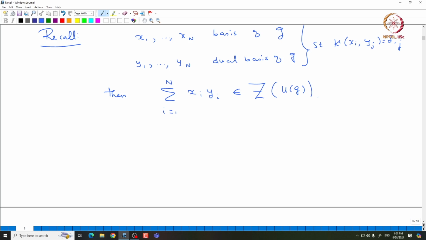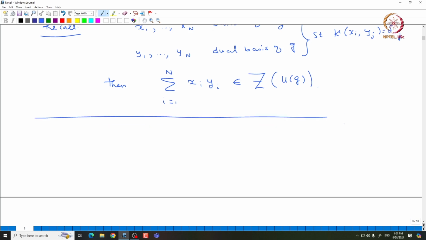Now we are going to specifically choose a basis that comes from the root vectors. Using that basis, we will find the dual basis and then define the Casimir element that we are interested in. So, let us recall. We have the following basis for G. G can be written as a direct sum of three subspaces: n plus, direct sum h, direct sum n minus.